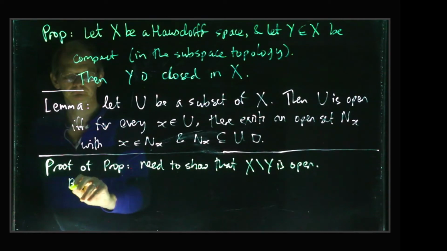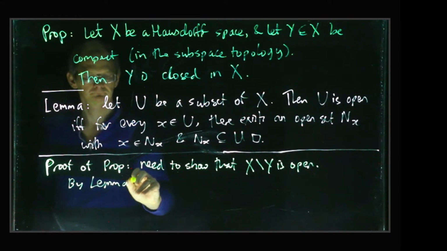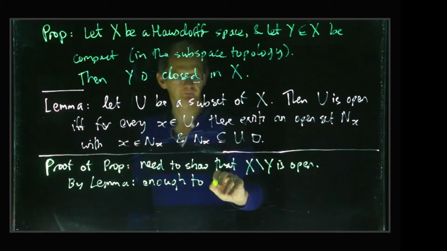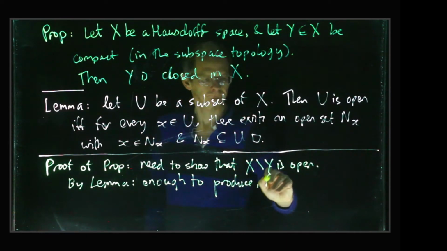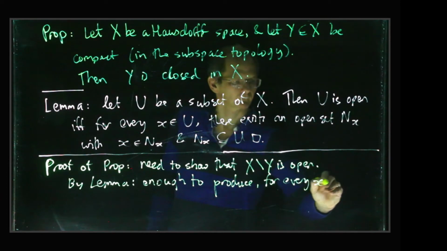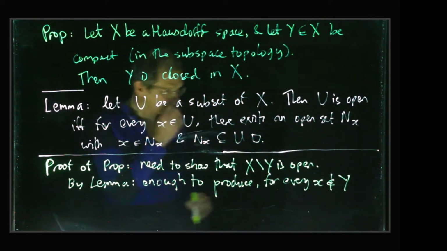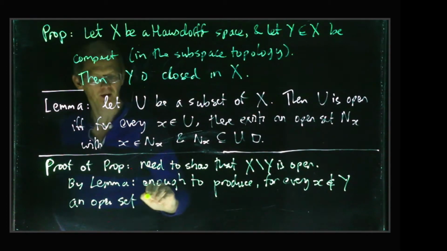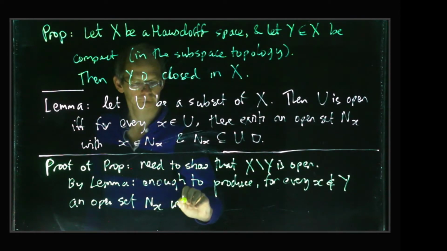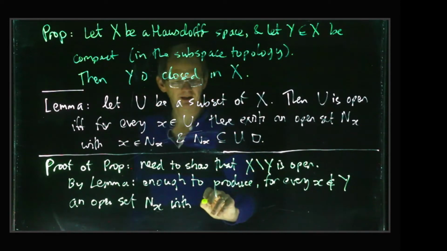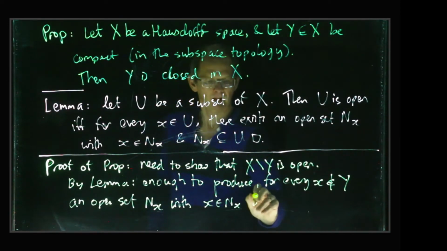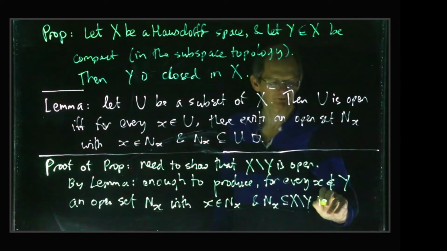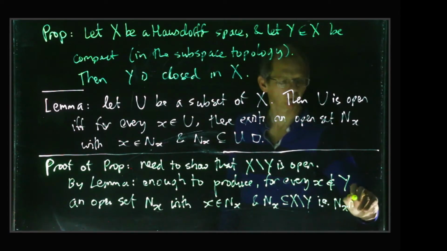By the lemma, it's enough to produce, for every point x that doesn't lie in Y, an open set Nx with x in Nx and Nx contained in X less Y, which of course is equivalent to saying that Nx intersect Y has got to be empty.